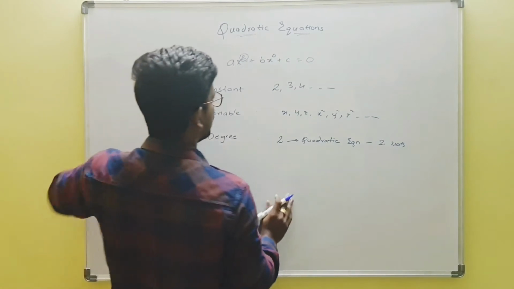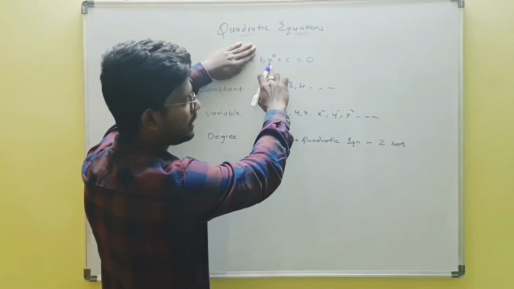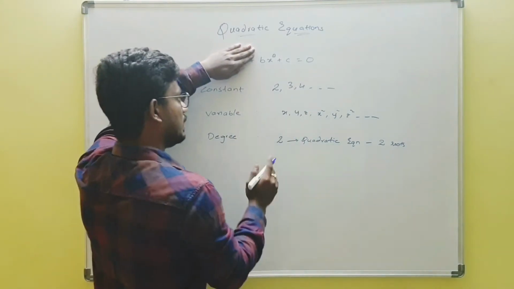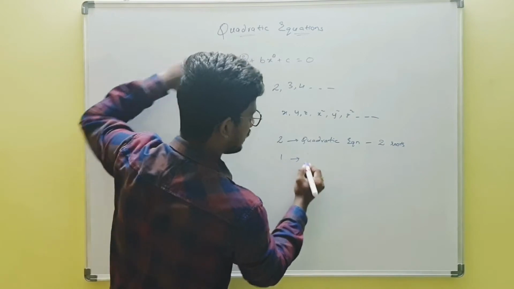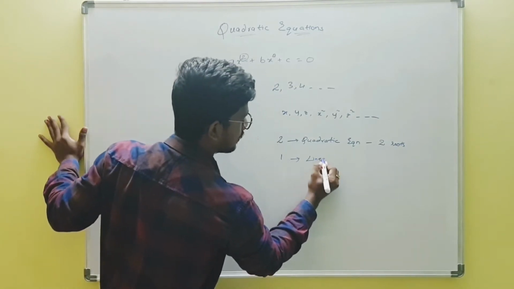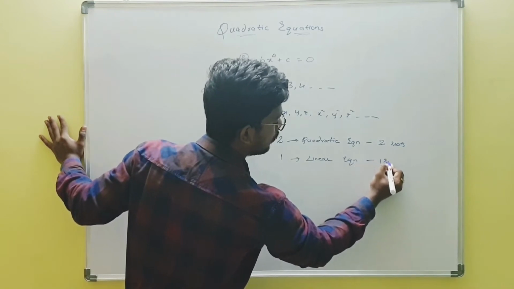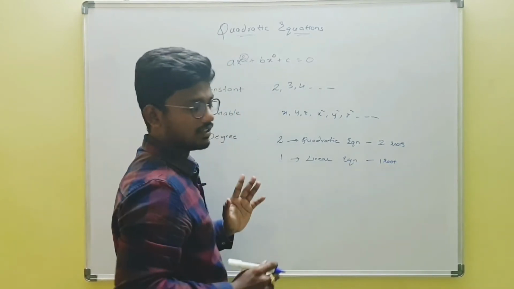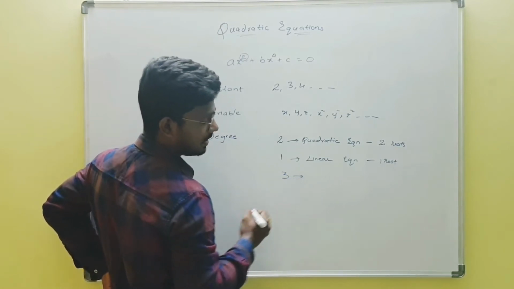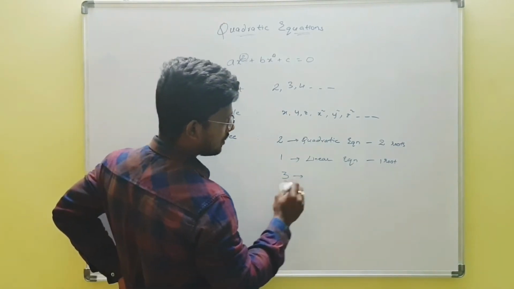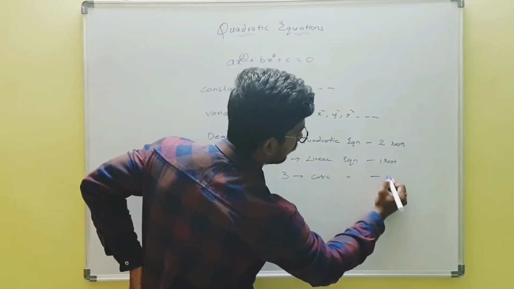If the degree is 1, it means we don't have ax square here. If we only have bx plus c, then the highest order will be 1. Then we say that equation is a linear equation, and we have only 1 root for such equations. If the highest order is 3, then it is a cubic equation, and we have 3 roots.